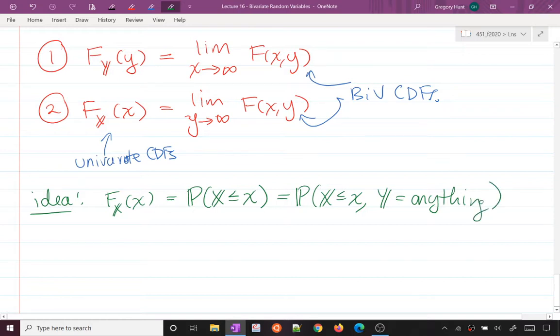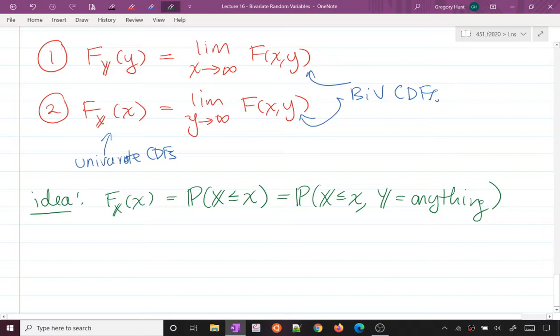Right? Kind of tacking on y being anything is like an event with probability 1. It doesn't really change our probability.